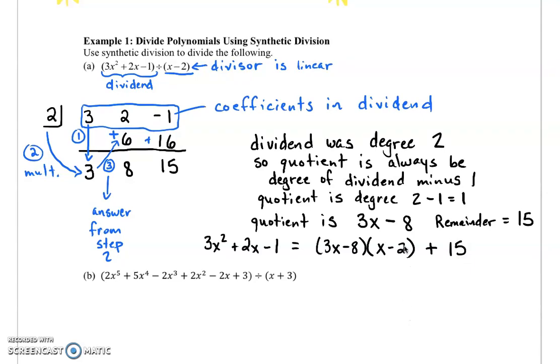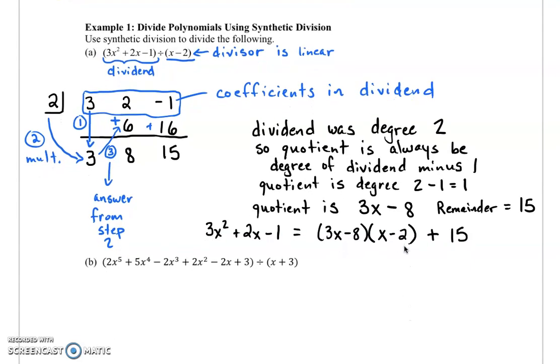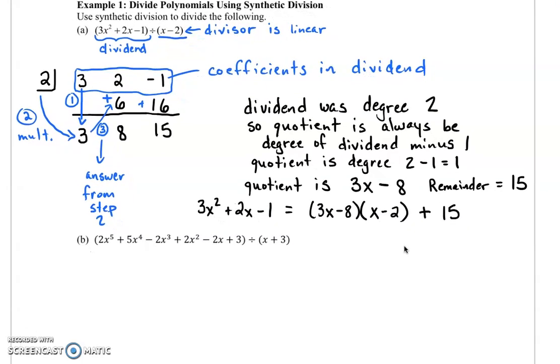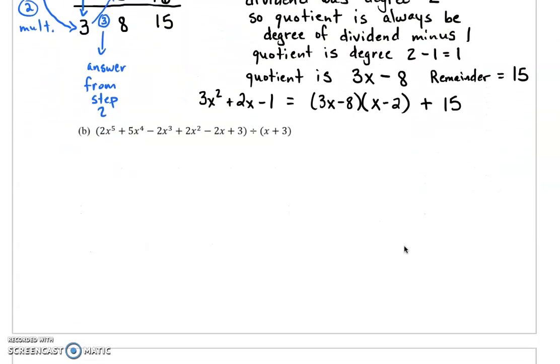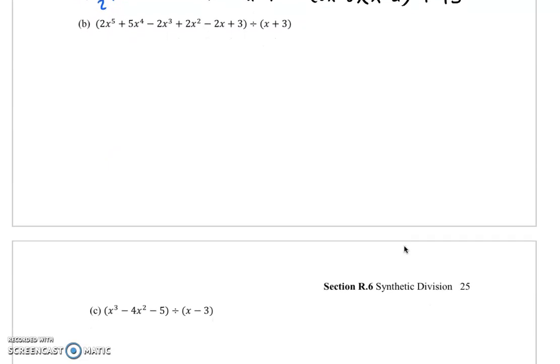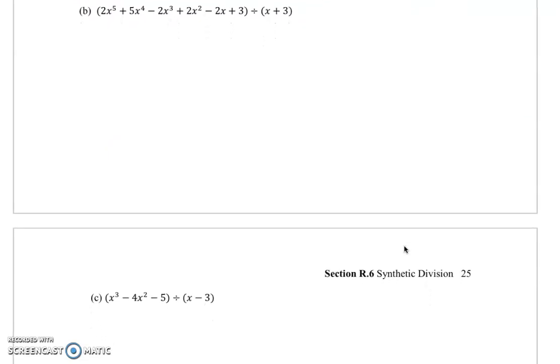So let's try another one. This time without all the extra writing everywhere. So let's just do the synthetic division on 2x to the 5th plus 5x to the 4th minus 2x cubed plus 2x squared minus 2x plus 3 divided by x plus 3.